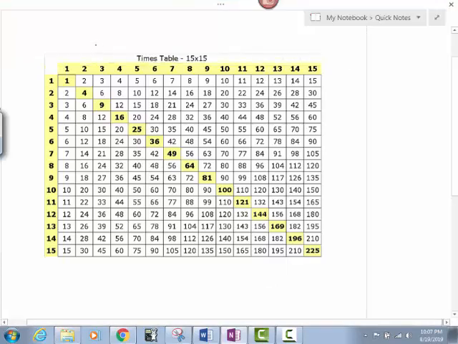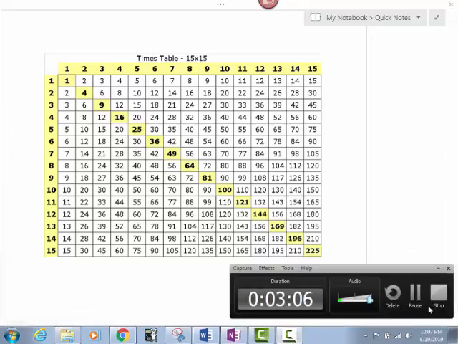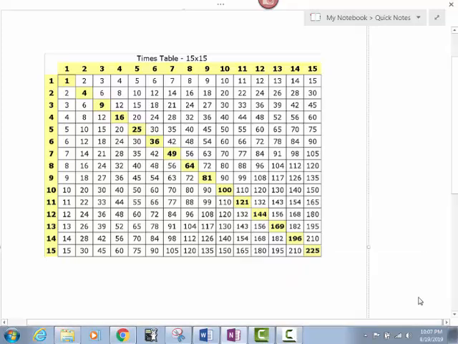Okay, so 6 and 15, here is my number 6, here's my number 15. I'm going to start going to the right. I want to find the first number that matches up.